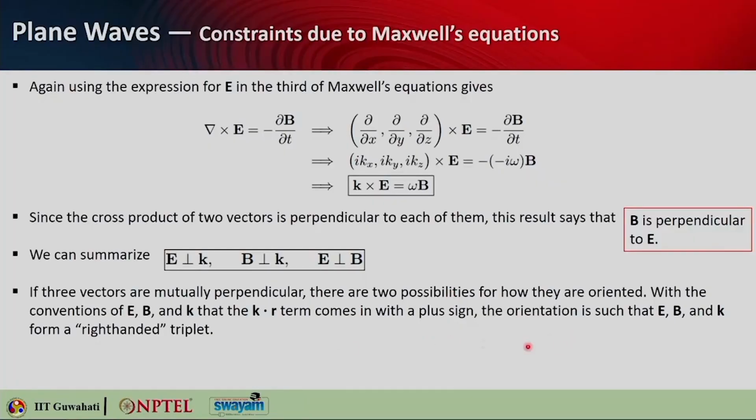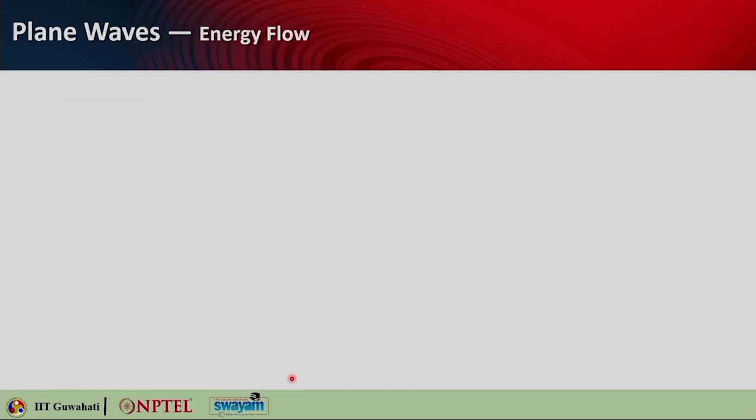This kind of orientation forms a right-handed triplet. You can take this finger along E, this is B, so this will show your k direction, the wave propagation direction. So if you do the cross product E cross B, you will get the same direction as k. It means the wave is finally propagating along the k direction.